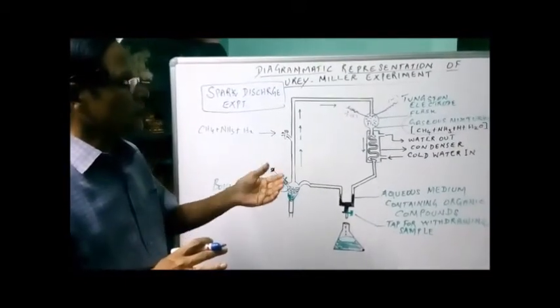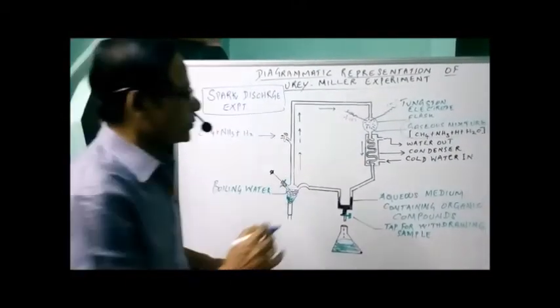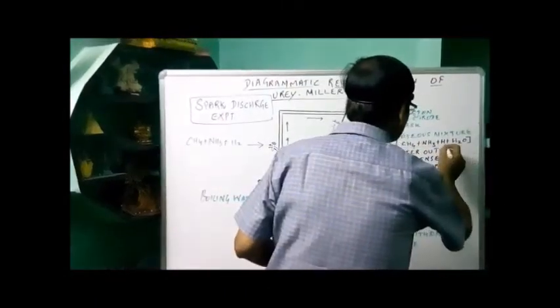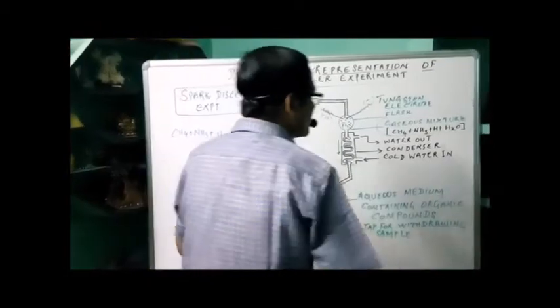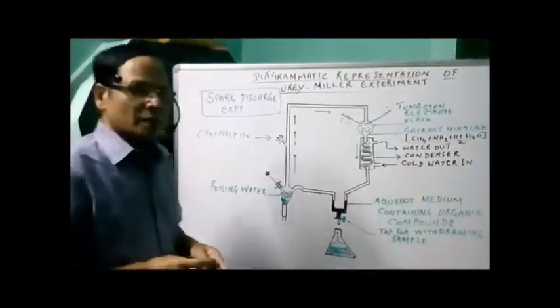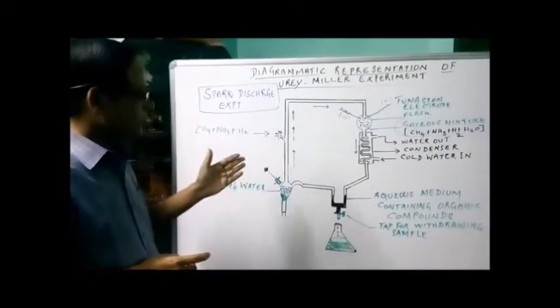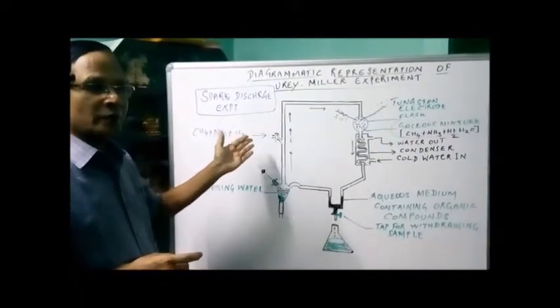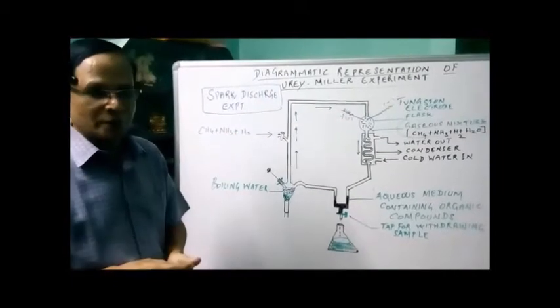Methane, ammonia, hydrogen and water vapor all combined together, resulting in the formation of organic chemicals. They set up the experiment and provided the same conditions that were prevalent in the past atmosphere.